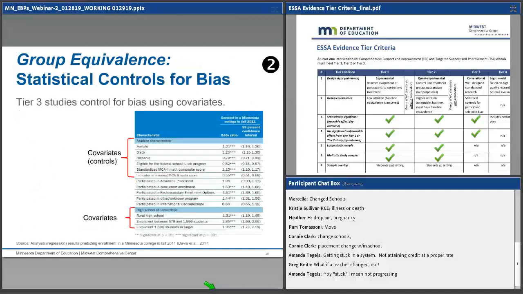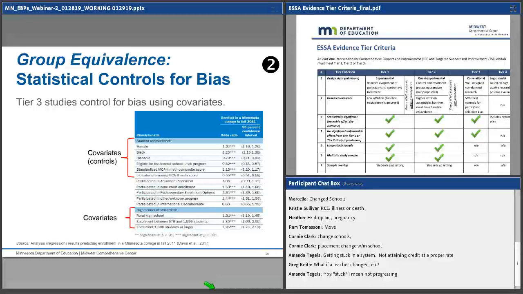And in the last presentation, we showed you a few examples, and I'll just put one up here right now, which is, again, referring to a table of results that you would find in a study with your outcomes in a column, as you see here, which is enrollment in a Minnesota college, and different practices in the rows.